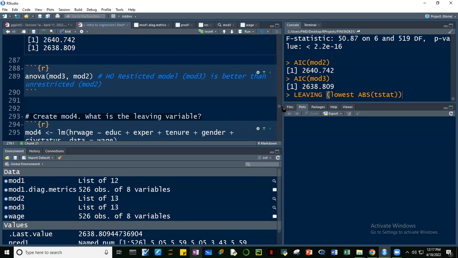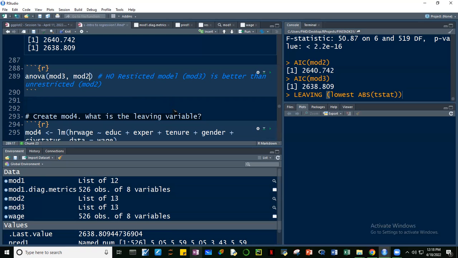Okay, how about ANOVA, guys? ANOVA. Okay, take a look at this, guys. Sino si unrestricted at saka sino si restricted? Okay. Remember, si model 3, ito yung binawasan natin. Diba? Ito yung binawasan natin ng race. So ito yung restricted ngayon kasi anim na lang independent variables niya. Si model 2, 7 pa to, no?